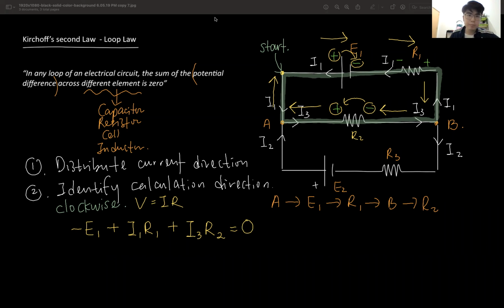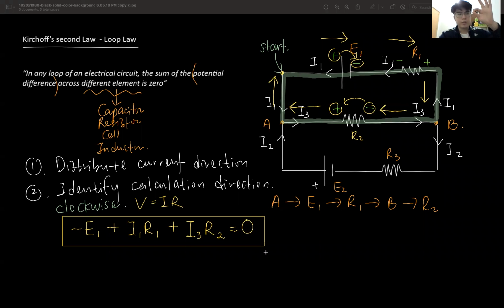This equation is derived from Kirchhoff's second law. It says the sum of the potential difference in one loop is equal to 0. Okay, so you need to be able to write this equation. In the exam, you will be asked to write the expression like that.